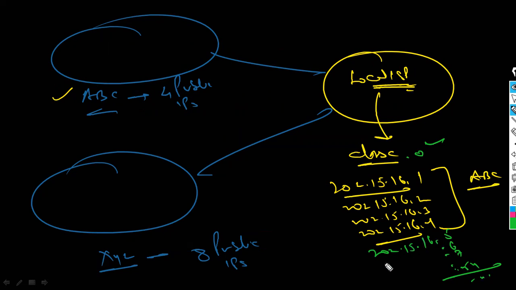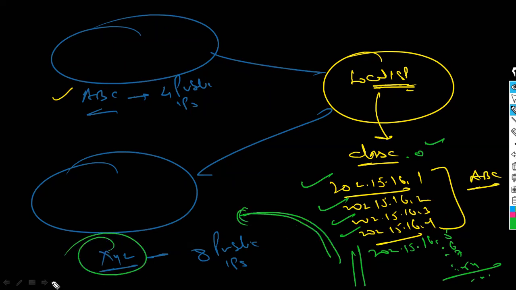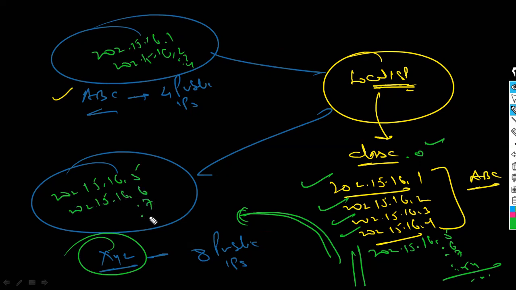So now 4 IPs are used, still there are 250 IPs, but 8 IPs cannot be assigned from the same network class to another organization. Why? Because ABC organization and XYZ cannot be in the same network, because they are different entities, different companies. Different companies, different entities can never be in the same network.